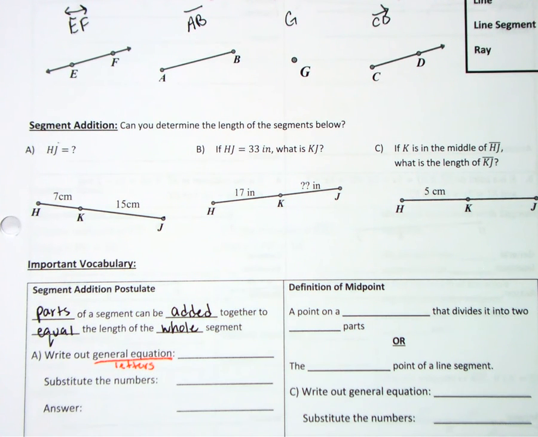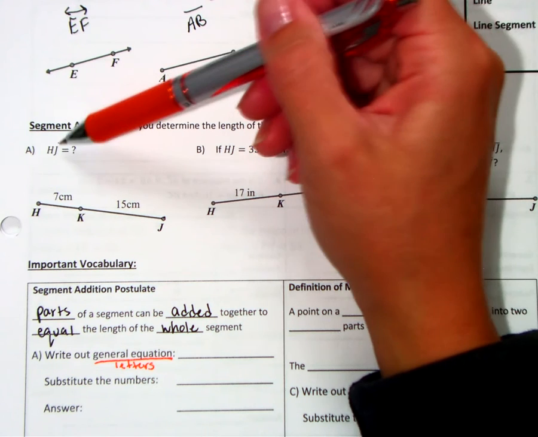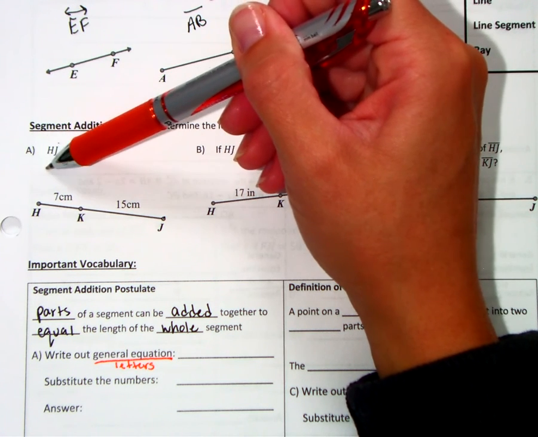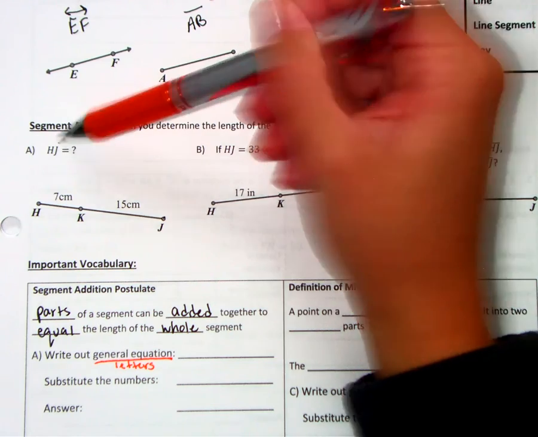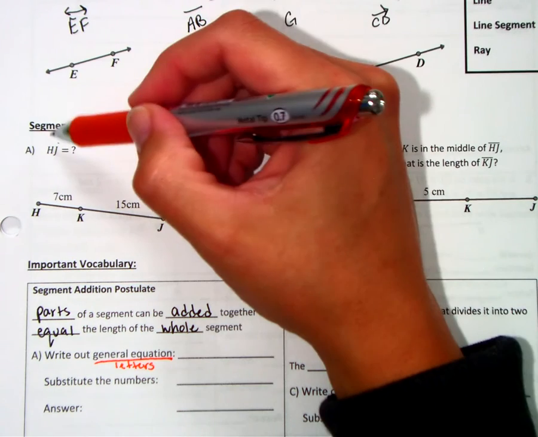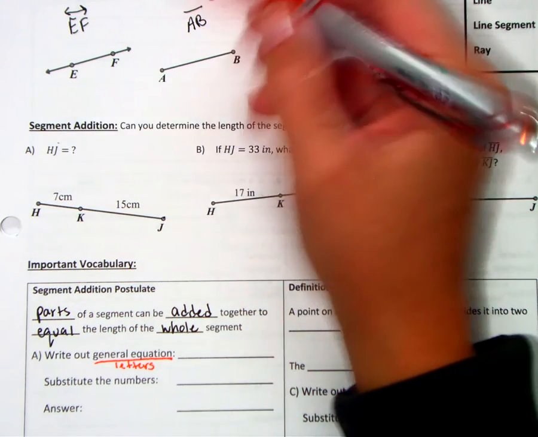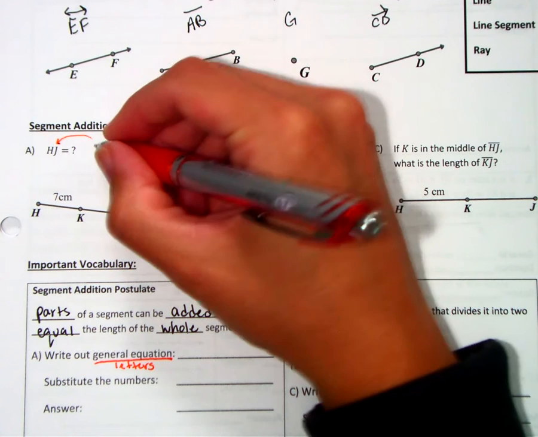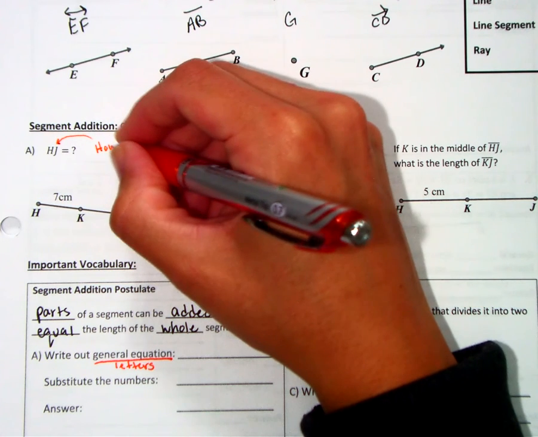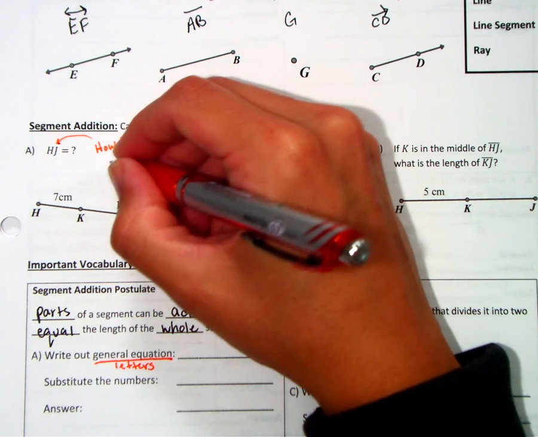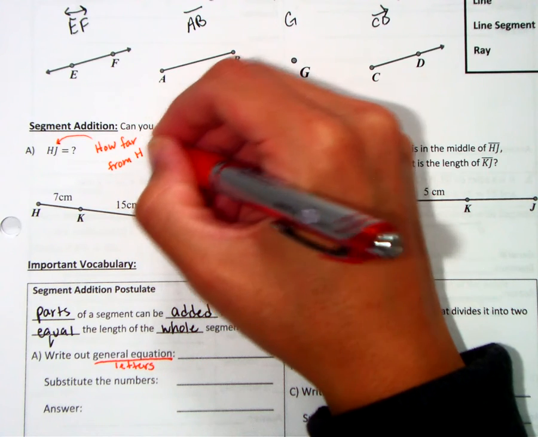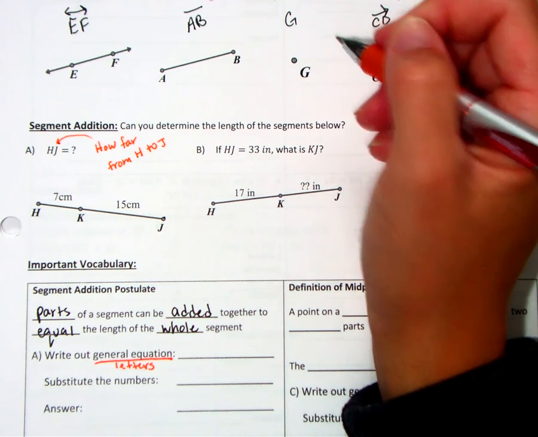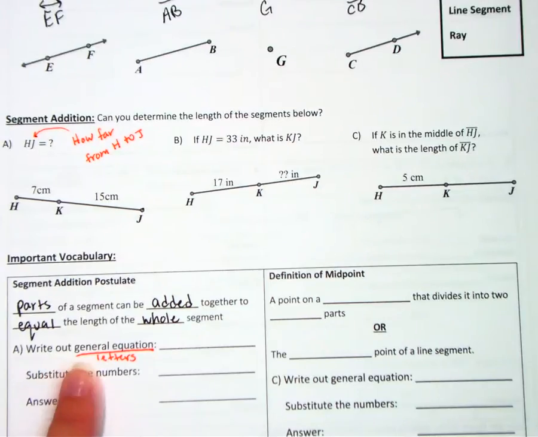When we're talking about length, something you may have noticed is that there is no segment bar over top of this HJ. The reason is, when you're talking about length, you do not put a segment bar, because this is asking how long is it, or how far from H to J. So we will not be using segment bars when we write out this general equation.